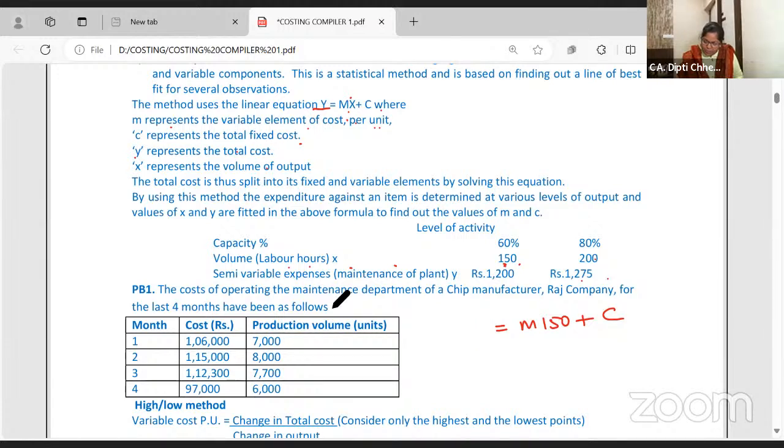Total semi-variable overhead is 1200. Now at 1275, M into labor hours. Labor hours are how many? 200. C, I don't know.